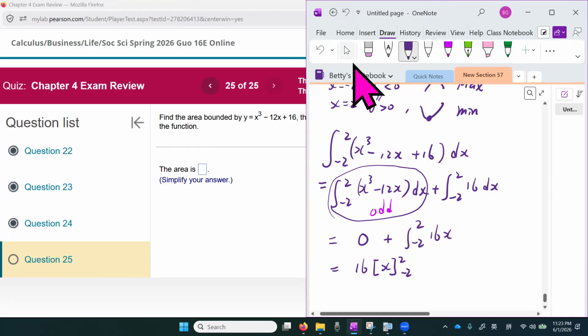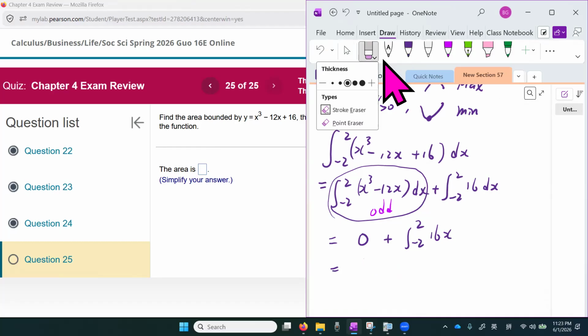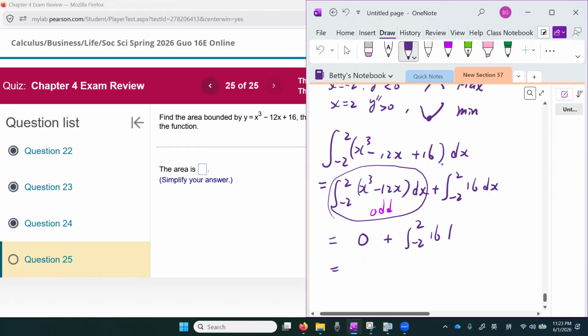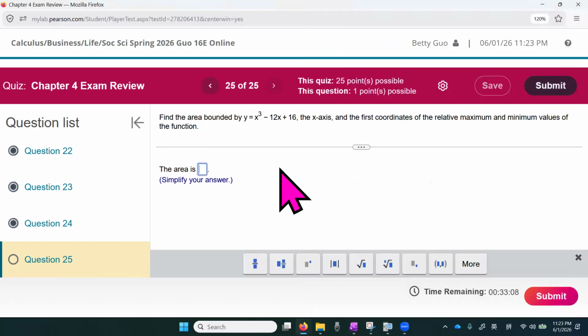Basically we are looking for the area of a rectangle, y equals 16, from -2 to +2. The base is 4, height is 16, so 64. The area is 64.